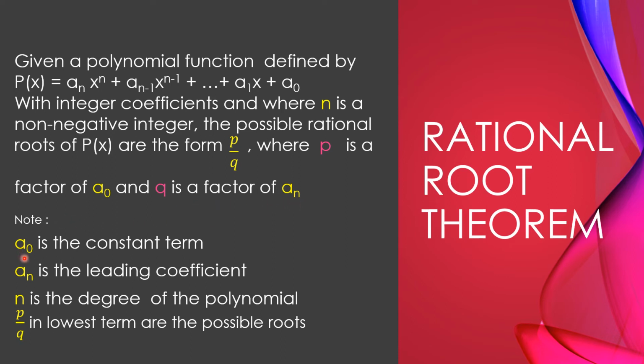Note that a sub 0 is the constant term, a sub n is the leading coefficient, n is the degree of the polynomial, and p over q in lowest term are the possible roots.